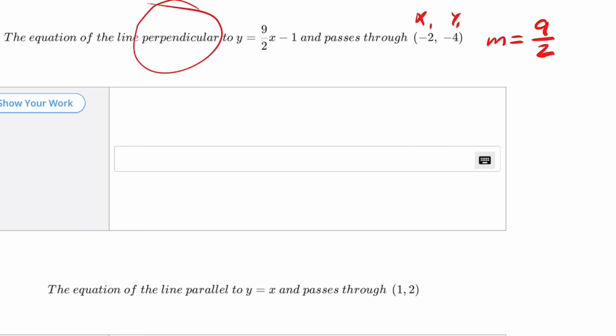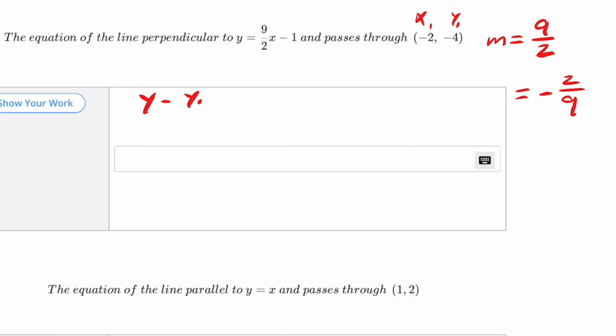For perpendicular, first of all, flip it around, reciprocal. Second of all, make it the opposite. So we need a plus and a minus slope. We already have a positive slope, so this one has to be a negative slope. That's the slope that we are going to use.